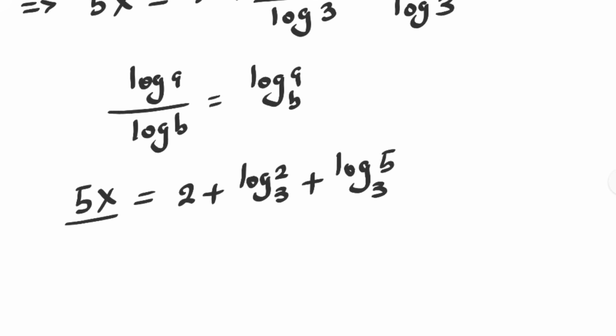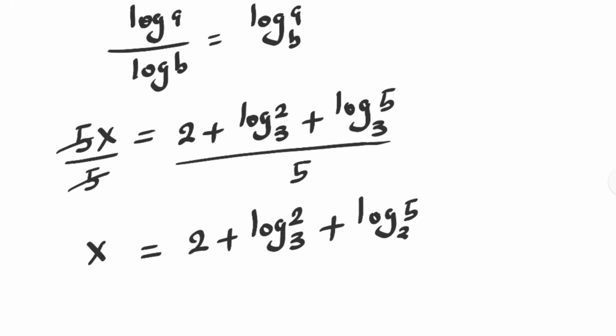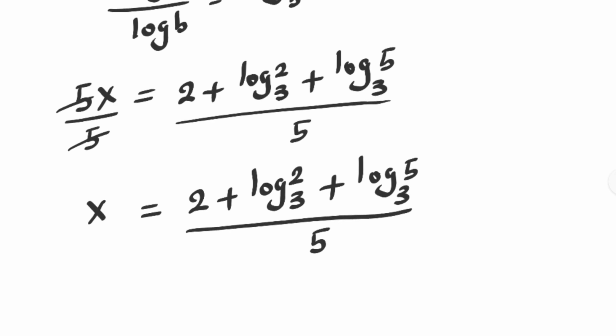Let's divide the whole of this equation by 5, and this divided by 5. This 5 cancels this 5. x is equal to 2 plus log 2 base 3 plus log 5 base 3, divided by 5. This is the final answer.